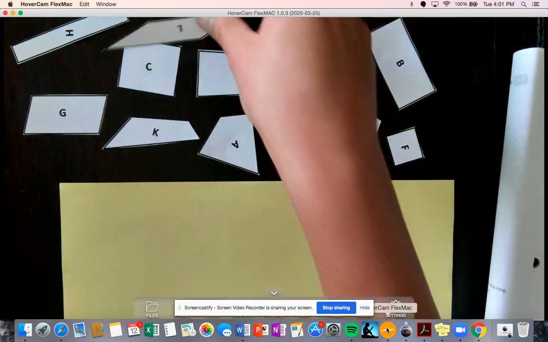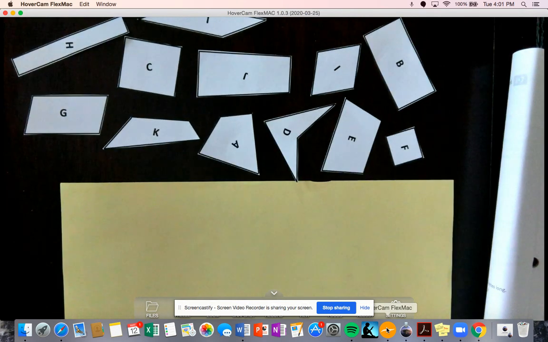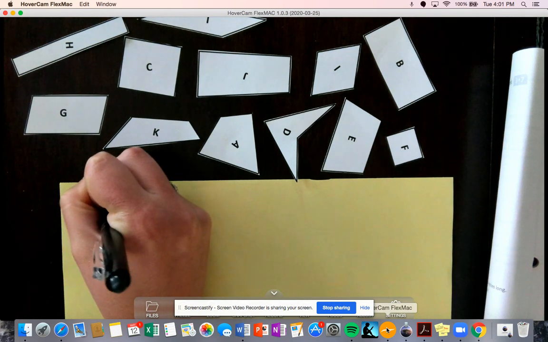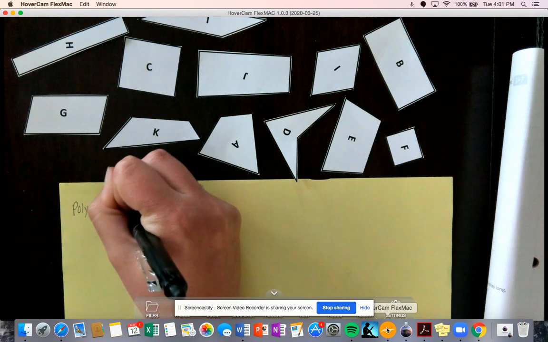So first of all, these shapes are all called polygons. And polygons are closed shapes.